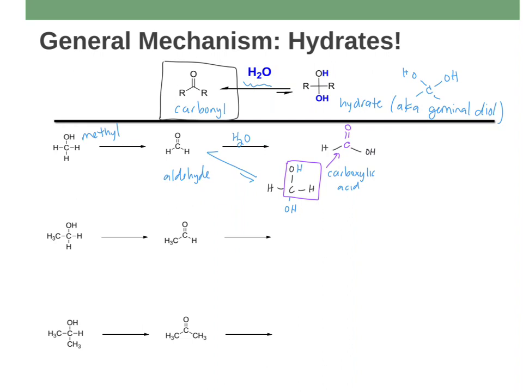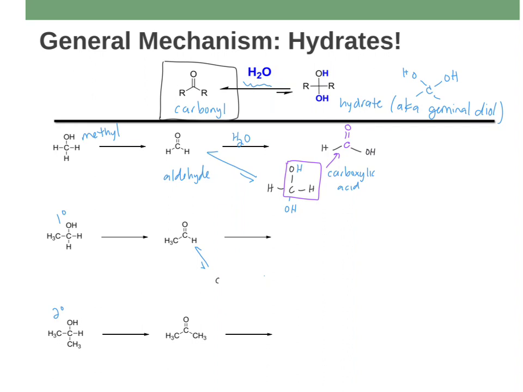And if I take a look at the one below here, so here's my primary, I'll label these right now, my primary alcohol, my secondary alcohol. I didn't put the tertiary one back on here because it doesn't matter. You can't oxidize tertiaries at all. But the same thing, if I take a look at this one right here, and say there's water present, right, so say I have some water present.